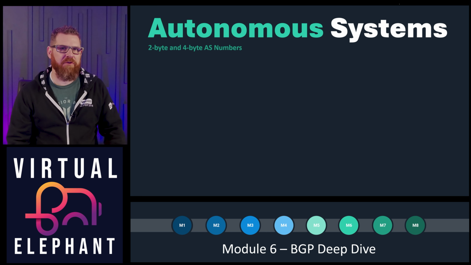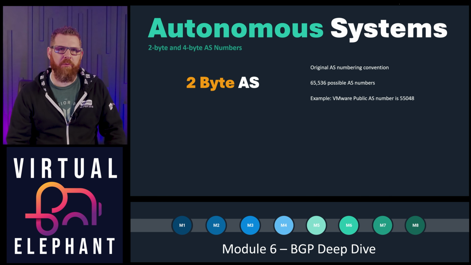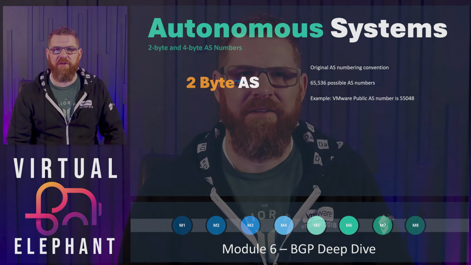As I mentioned a few minutes ago, autonomous systems have what are called autonomous system numbers, and there's two different variants of these ASNs today. The first, which are 2-byte ASNs, were the originals, and this allowed for 65,536 ASNs to be created.